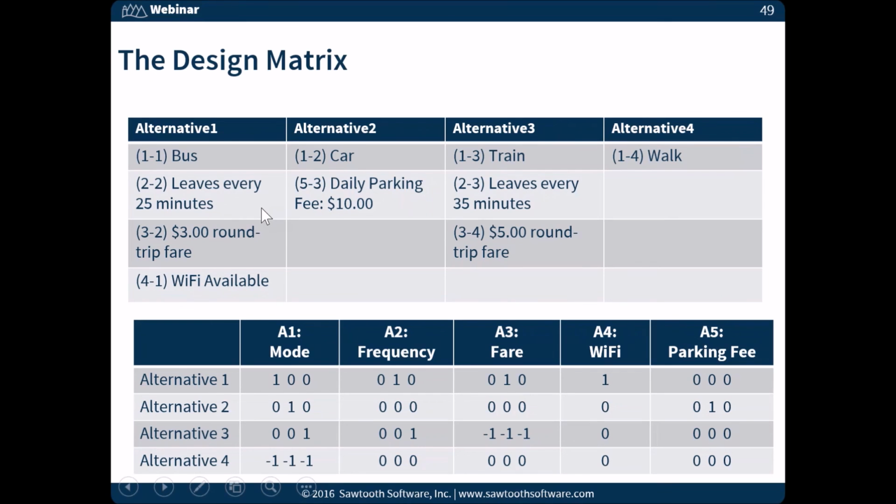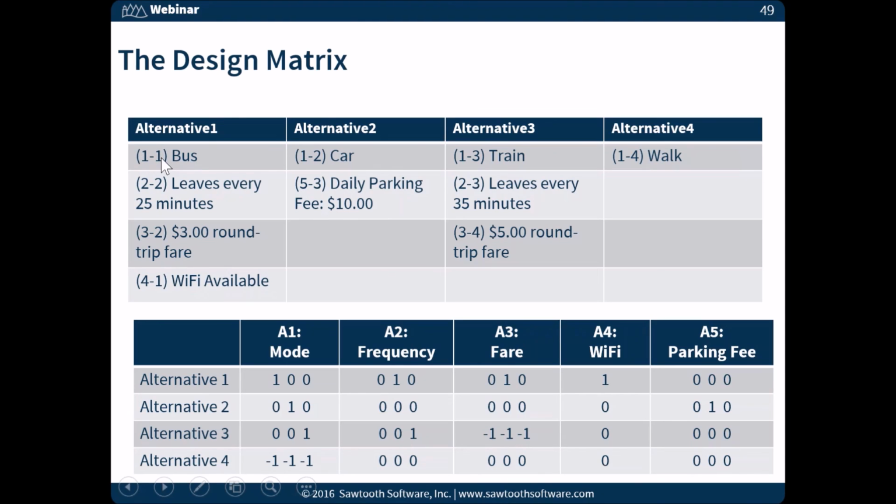And then finally, I'll just go over the design matrix really quick in the last couple of minutes, because this is really the under the hood action of alternative specific designs. So in our example, we had 4 different alternatives. The labels here reference the attribute number and then the level number. So our attribute 1 is our mode.